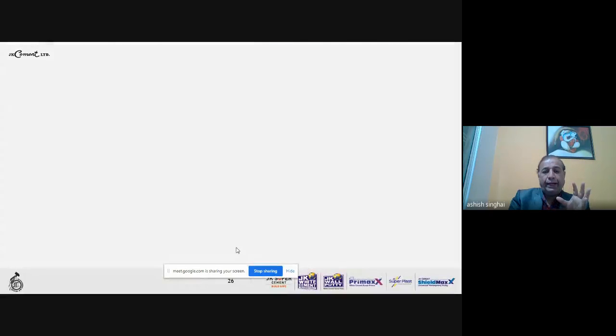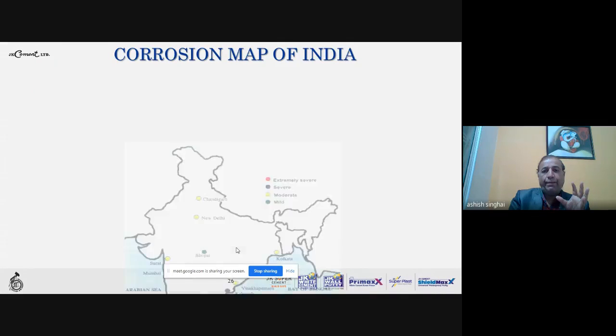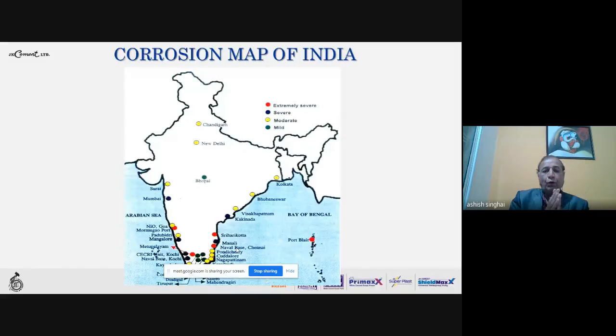Now, in this slide, I have tried to show a corrosion map of India. As we all know, our coastal line stretches up to 7,000 kilometers, right? Starting from Kutch in Gujarat, coming all the way down to South India and going all the way up to West Bengal. So this particular coastal line stretches up to 7,000 kilometers.